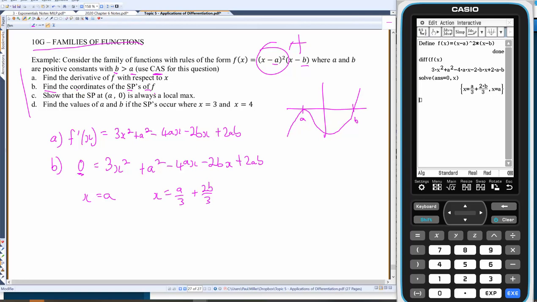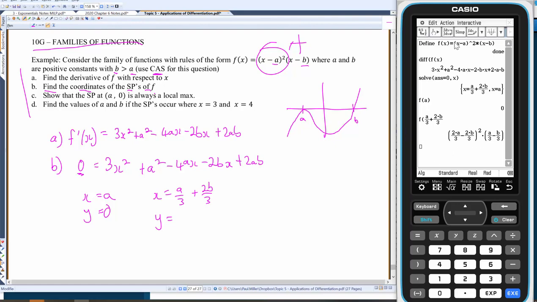Right, now this says the coordinates of the stationary points. So what we've got to do is write these as coordinates. Now I think the y value when x is a is going to be 0. And the y value when x is this, well, I wouldn't have a clue. So let's find out. So let's just double check. f of a, got to be 0, yep. And f of, and we're going to grab that from the calc, throw it into the original function to get our y value.